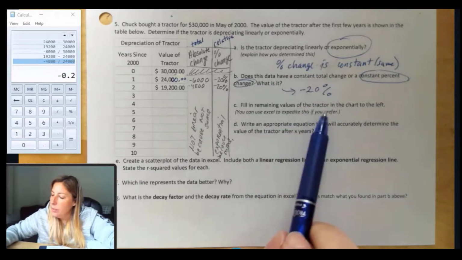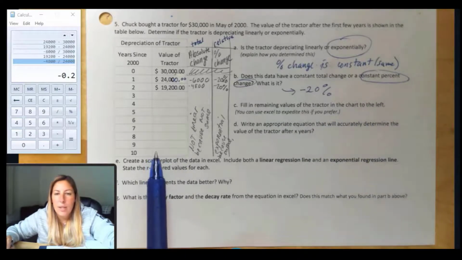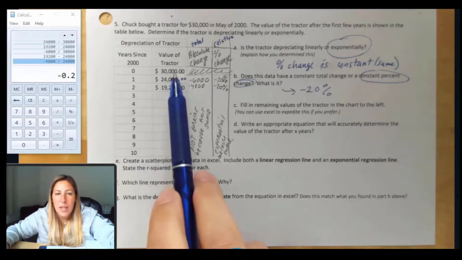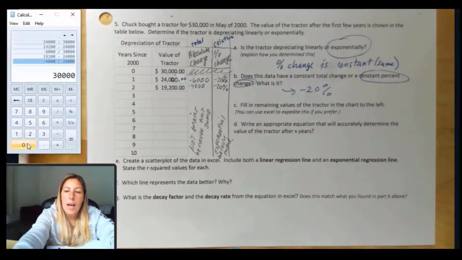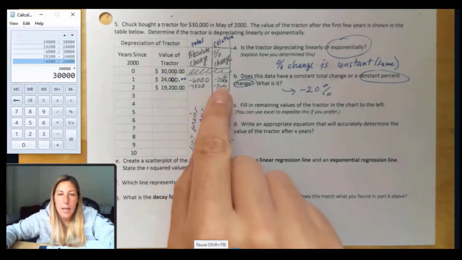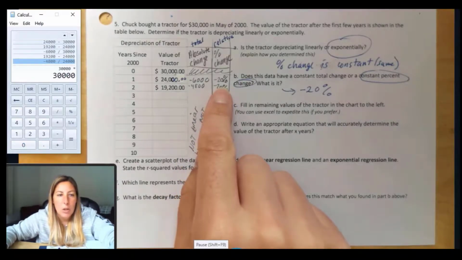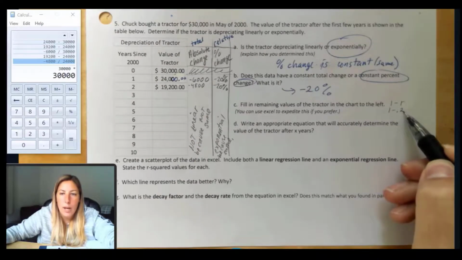Let's go ahead and fill in the remaining values of the tractor in the chart to the left. I can use Excel if I want to expedite this, but this really isn't hard. How do I do this? I start with $30,000, and I'm going to multiply that by my what? My 1 plus or minus R value. My R is negative 20%. So if I want to multiply by 1 minus R, I'm going to multiply by what? By 1 minus 0.2, which is 0.8.